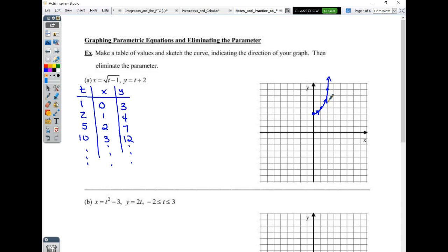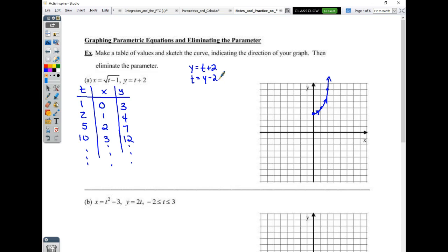Now, what about eliminating the parameter? If I look at these, the easier function might be y equals t plus 2. And remember, we're math people. We're inherently lazy. I want to pick the one that's going to be the easiest, and I really like this t plus 2 because that means that t has to be y minus 2, right?